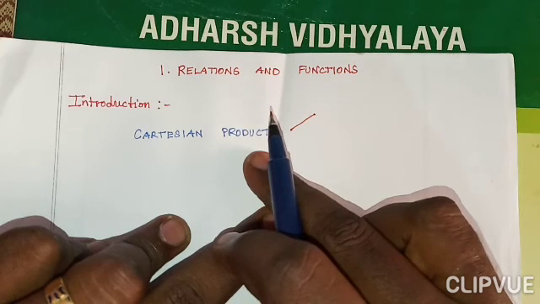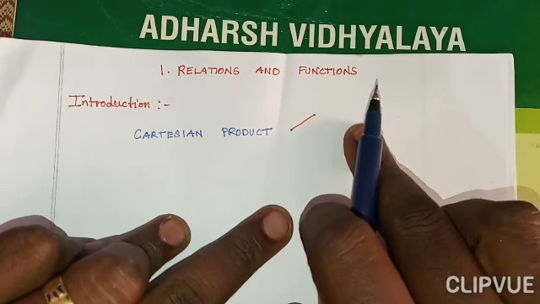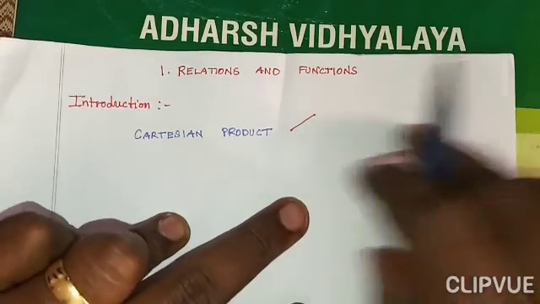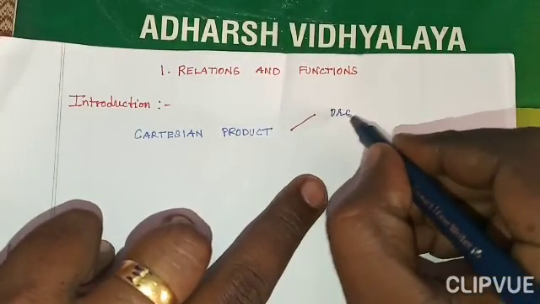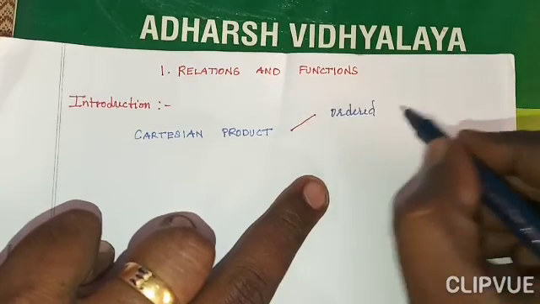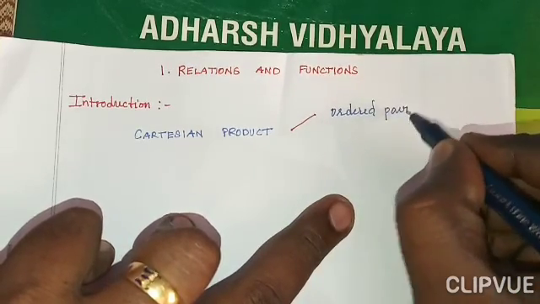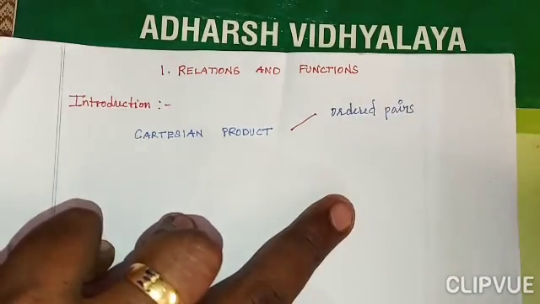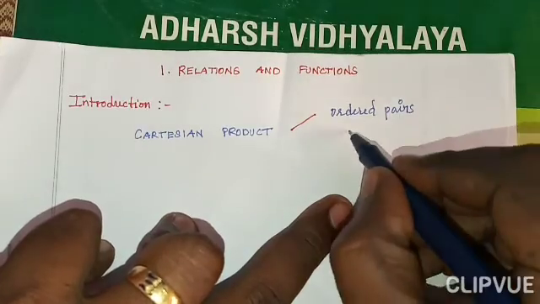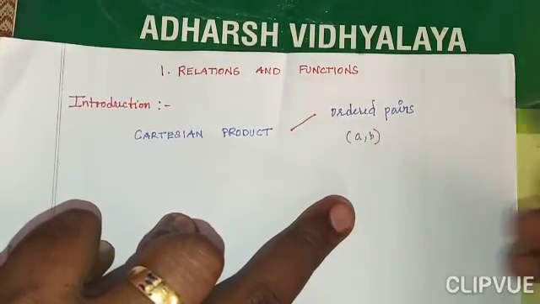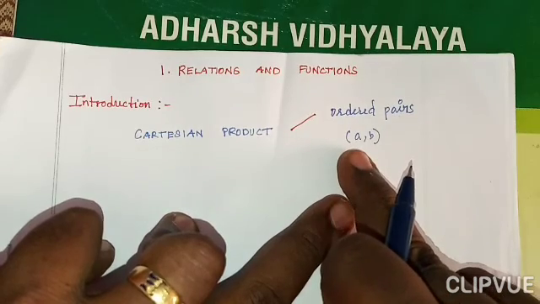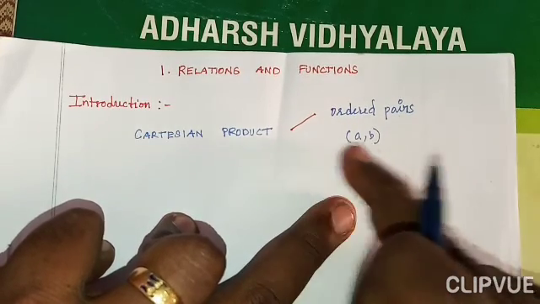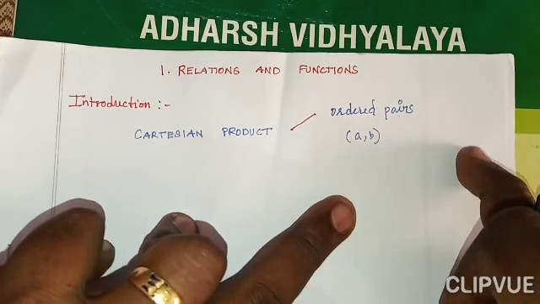Before moving to Cartesian product, let us recall the concept of ordered pairs. If you take (a, b), this is one ordered pair. Here the first element belongs to the first set and the second element belongs to the second set.